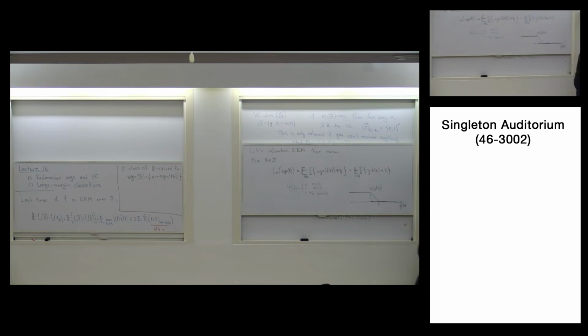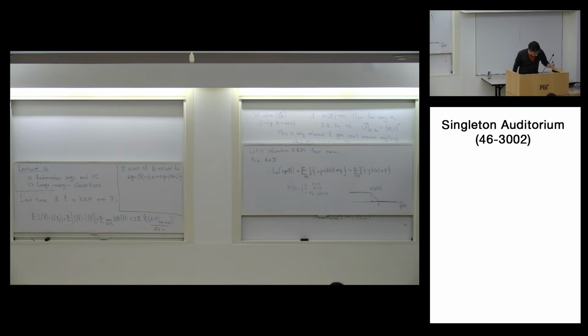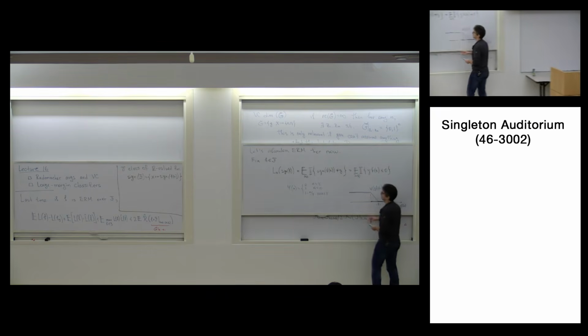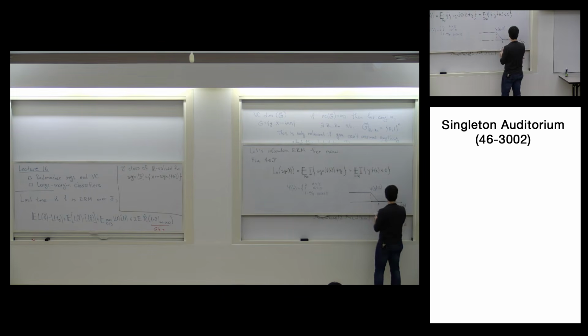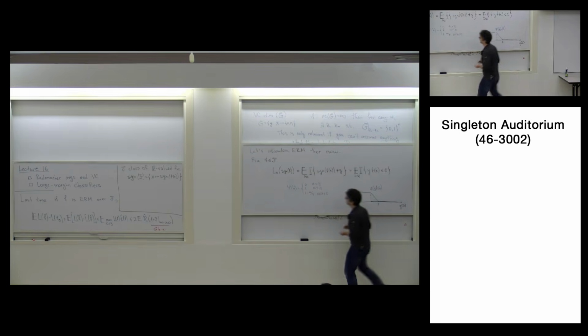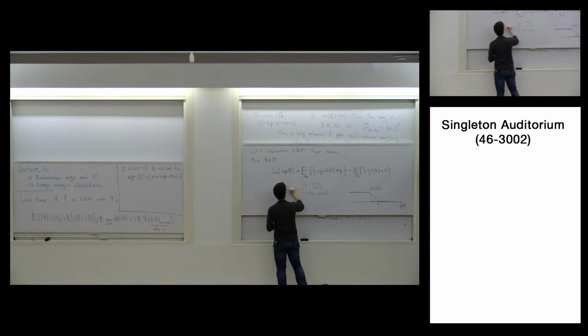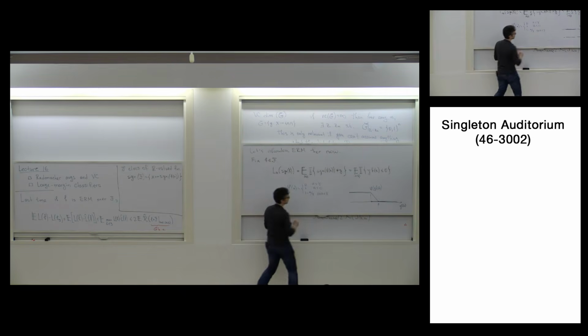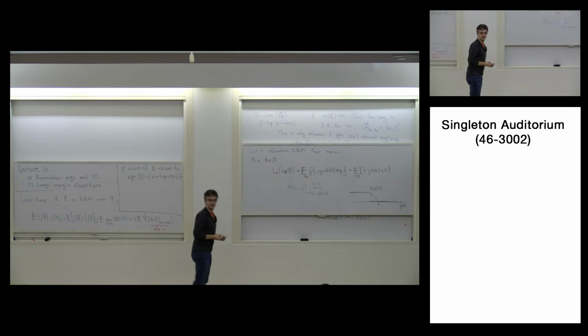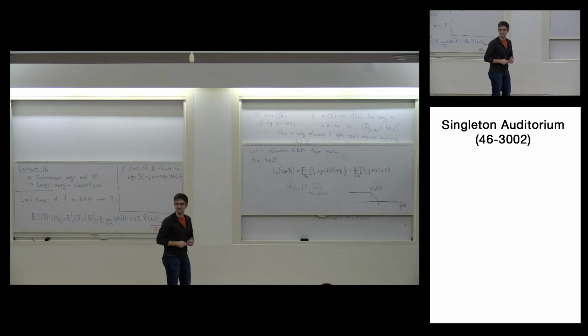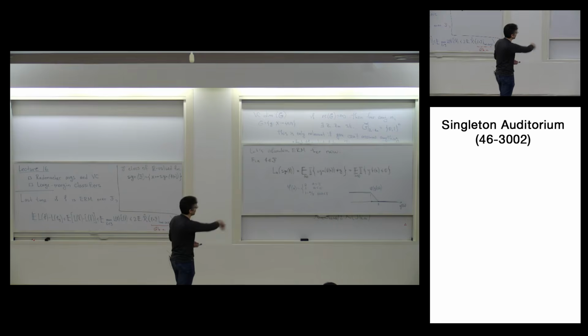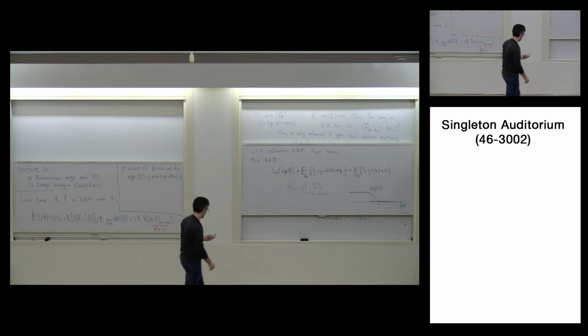Oh, wait, sorry. I'm going to use this phi, just to be consistent with the notes. Sorry, my Greek is not very good. So the phi function is going to be like that.